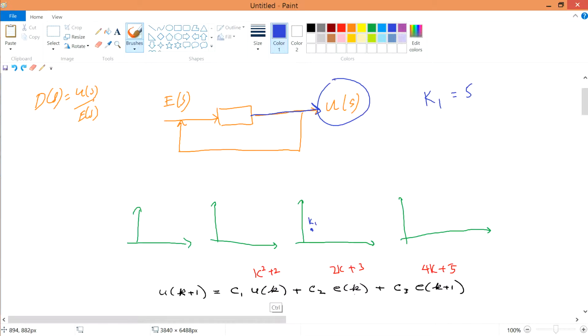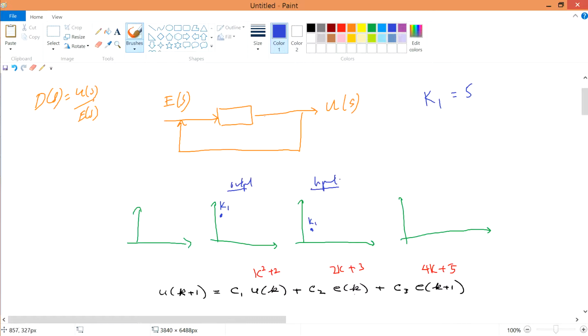When it comes out of the transfer function, it may have a different value. So I'll plug it in: 5 squared is 25, 25 plus 2 is 27, so I'll plot the value over here. So this is the output of K1; this is output, this is input.